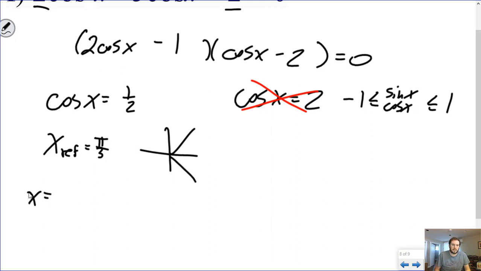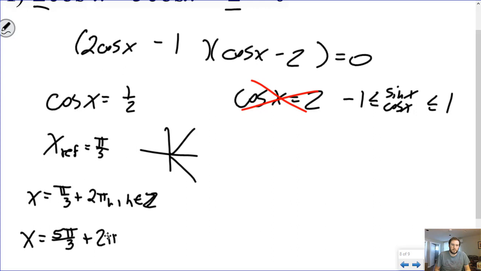So we have x is equal to pi over 3 plus 2 pi n, where n is an element of the integers. And down here in the fourth quadrant, we have x is 5 pi over 3 plus 2 pi n, where n is an element of the integers.